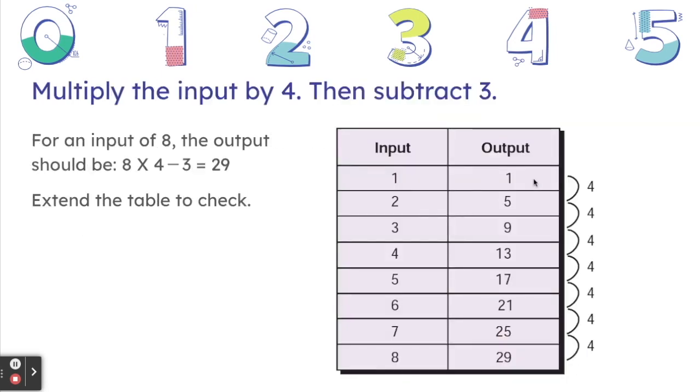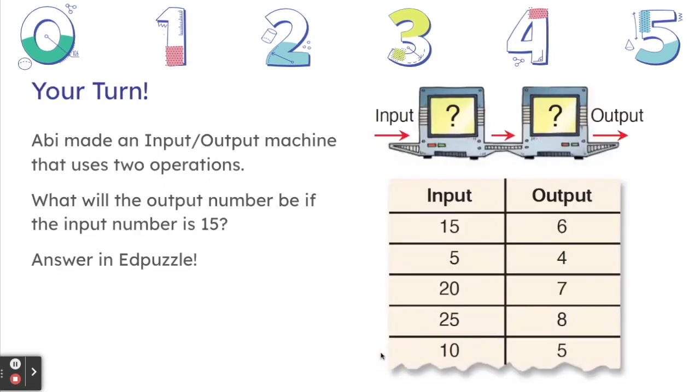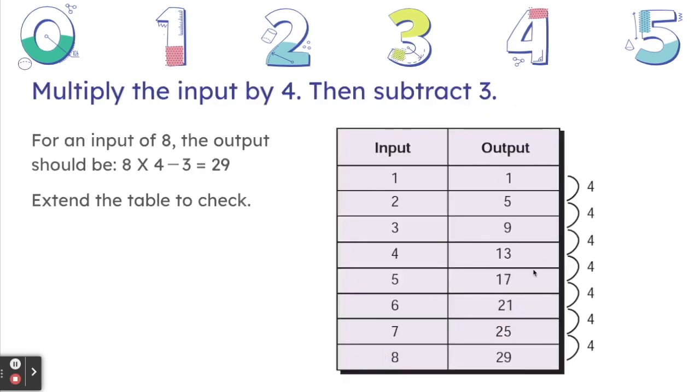Sorry about that sneak preview of the next screen. So then we see that if the input is 8, the output is 29. So it works, and we know we're right. We used the rule, multiply the input by 4, then subtract 3 to predict the output for 8. And we also extended the table and proved that that was right.